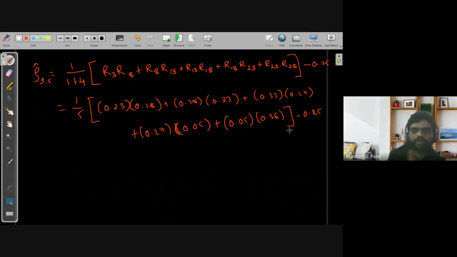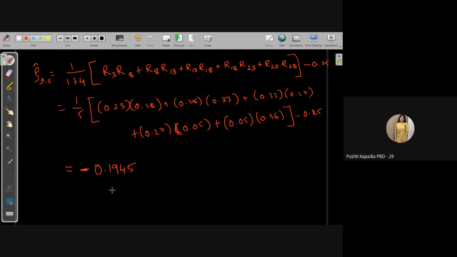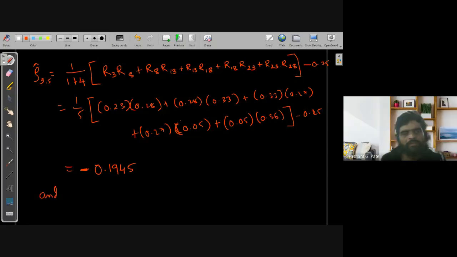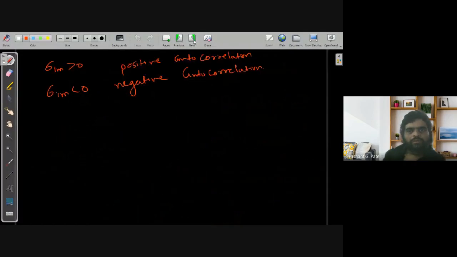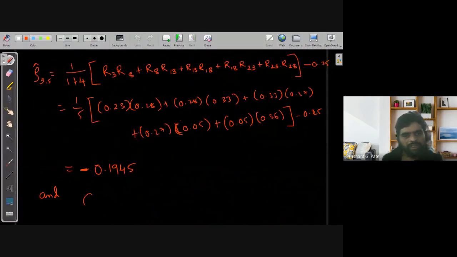So use the calculator and get the answer for this. I have already calculated this answer: it is minus 0.1945. And we have to calculate sigma of rho 3 by 35.